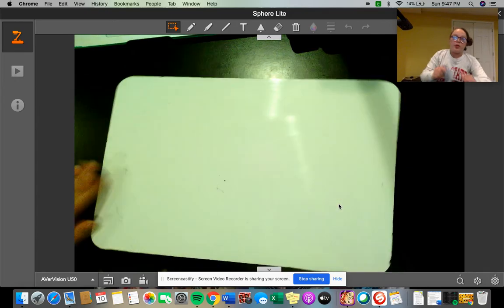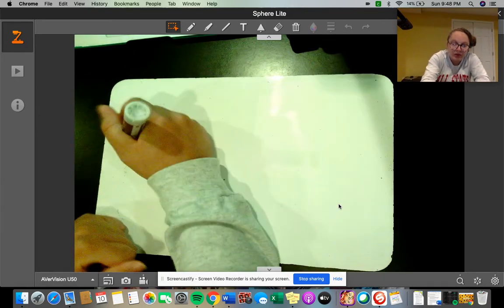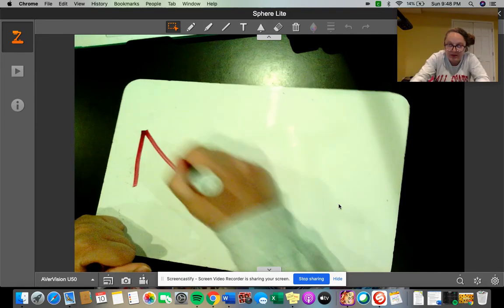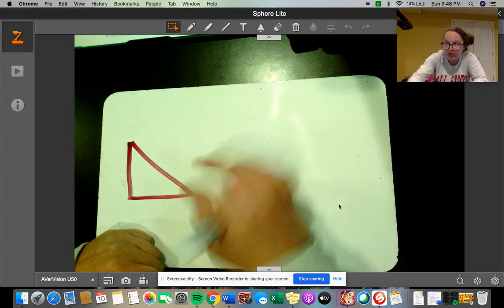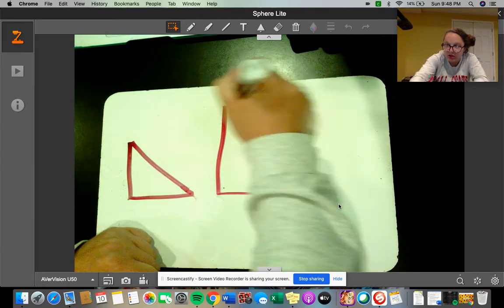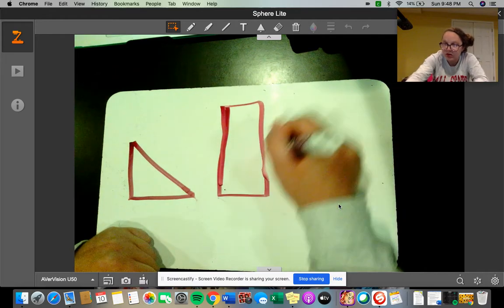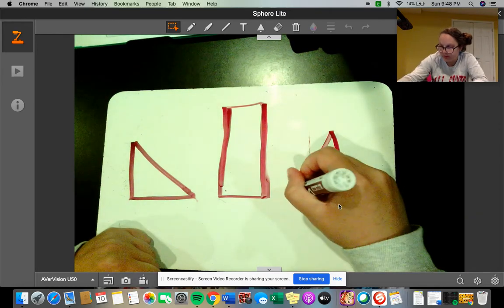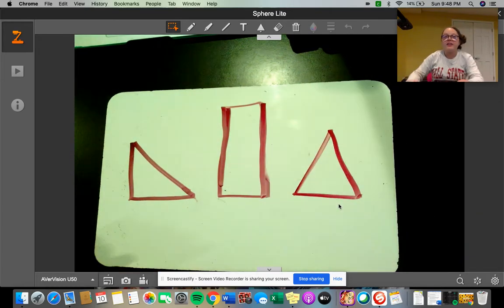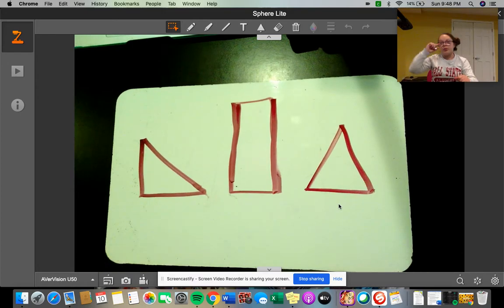For example, if I drew these 3 shapes, my lines are a little crooked, and I asked you to see which ones are the same and which ones are different, I could look at the sides and the corners.